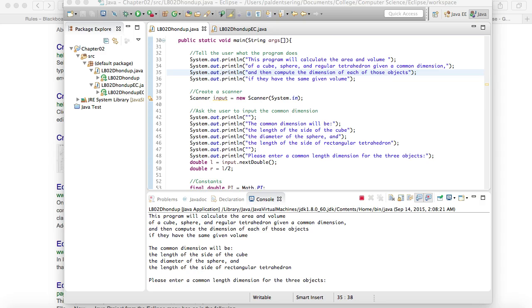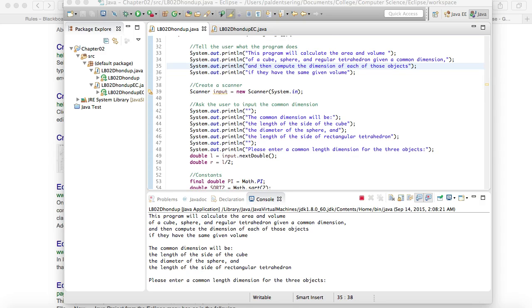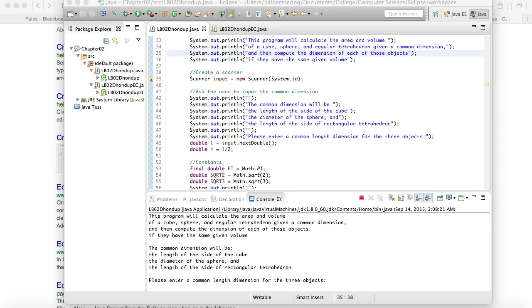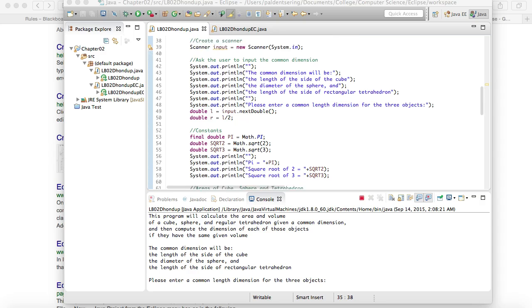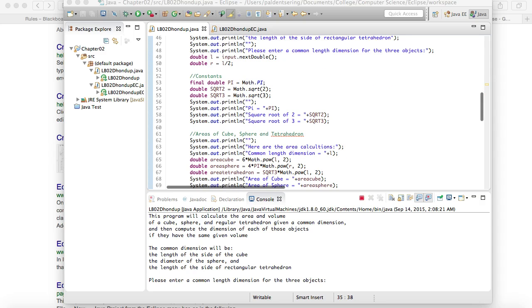After it says what the program does, it's going to tell you to input the common length for the three objects. After you do that, it's going to give you all the constants that the program is going to use for the calculations: pi, square root of 2, square root of 3.